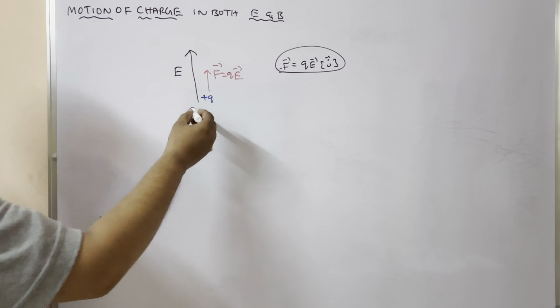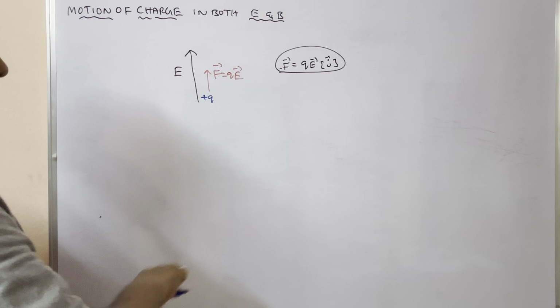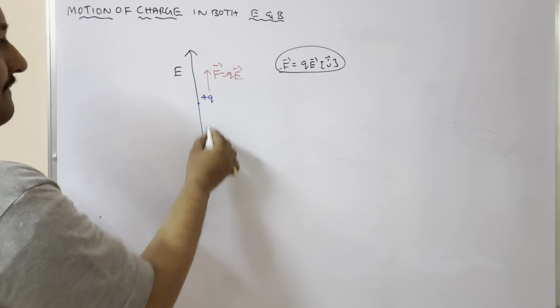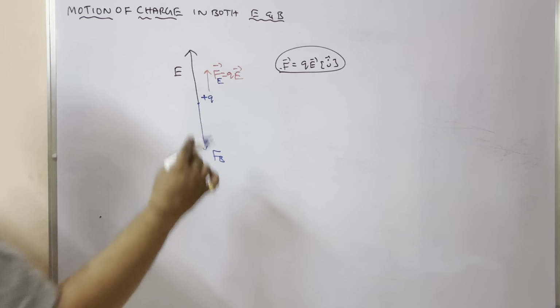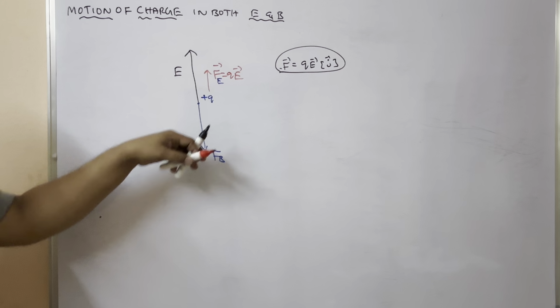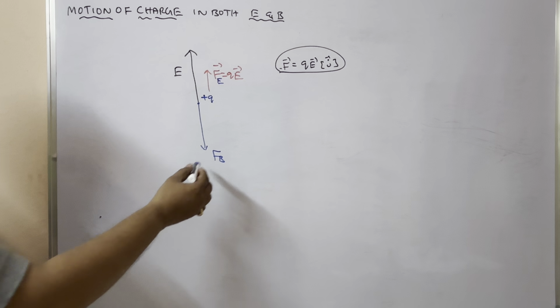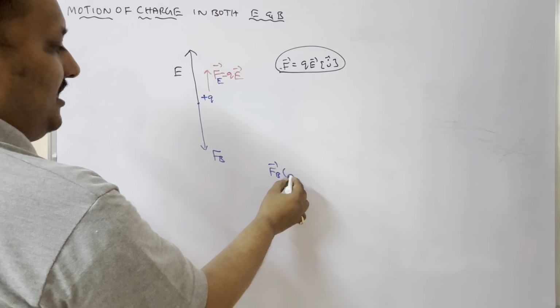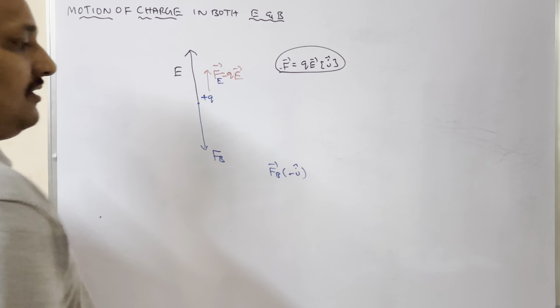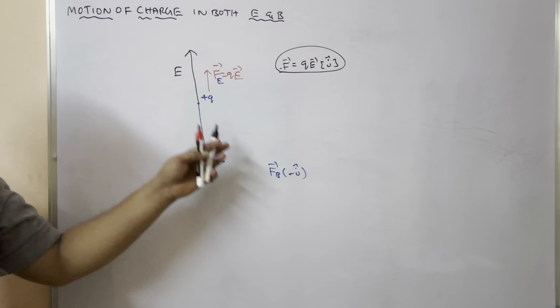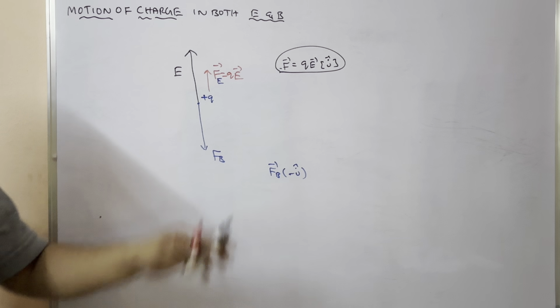Therefore, resultant magnetic force should act in which direction means this is electric force. Now, magnetic force should act equivalent opposite means downward direction, isn't it? Downward direction means along F_B bar should be along minus J cap.